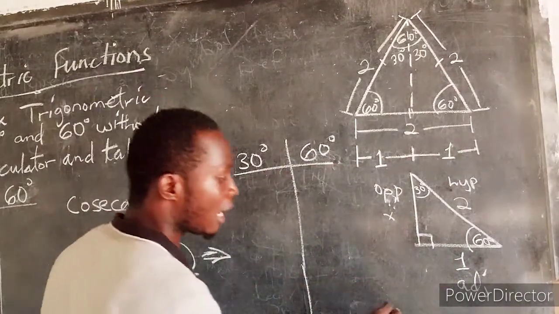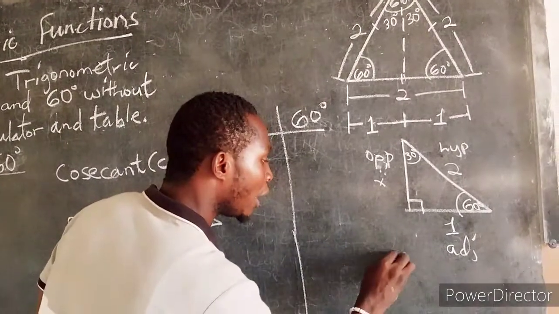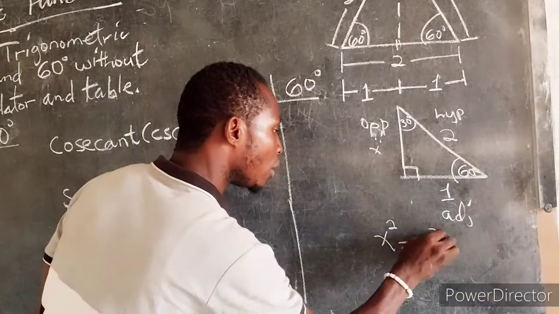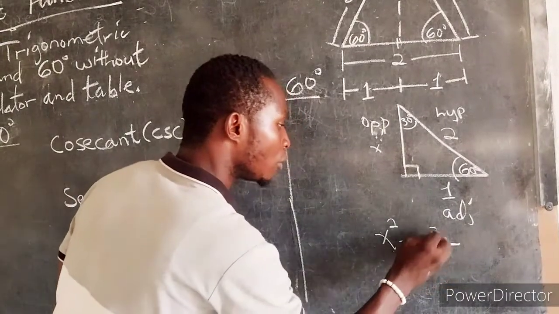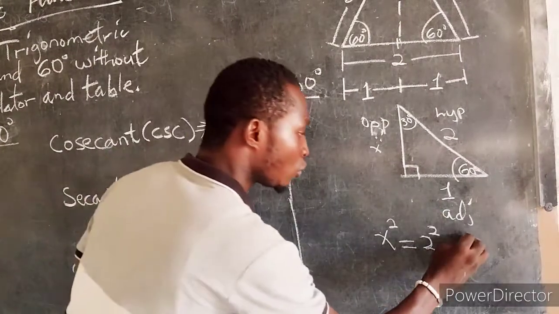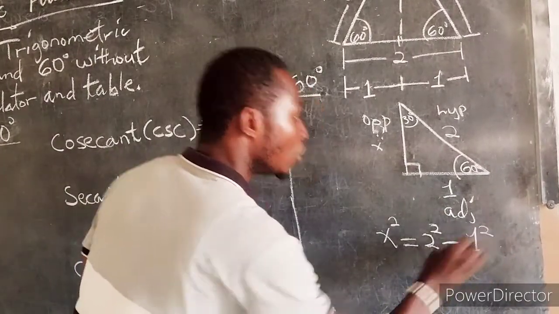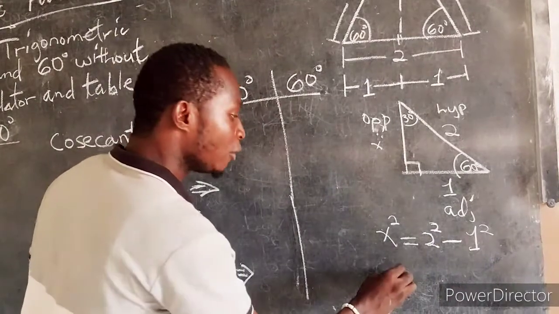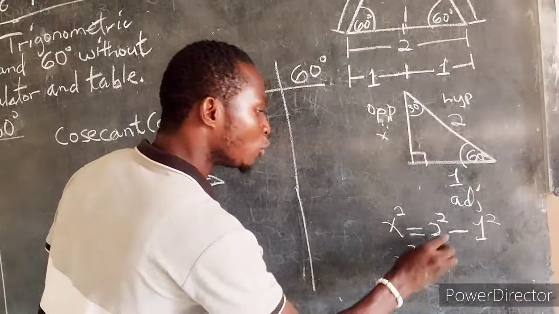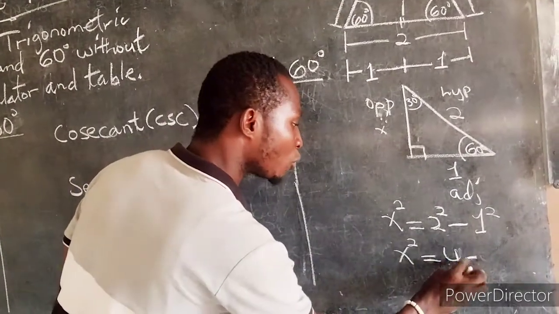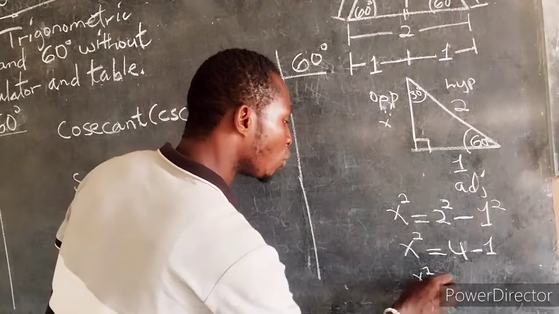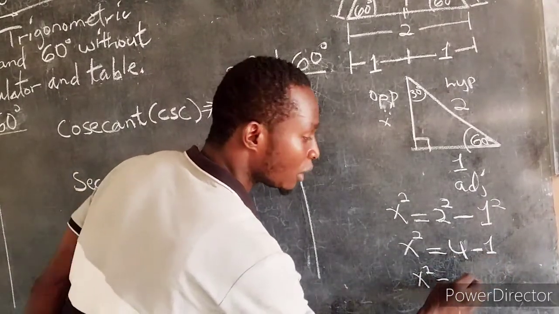So this means that x square will be equal to the hypotenuse, 2 square, minus the adjacent, 1 square. So to solve this, x square will be equal to 2 square, which is 4, minus 1 square, which is just positive 1. So x square will be equal to 4 minus 1, which is positive 3.